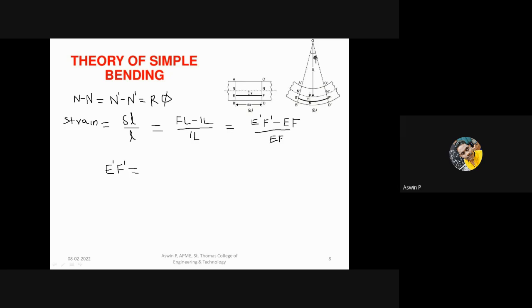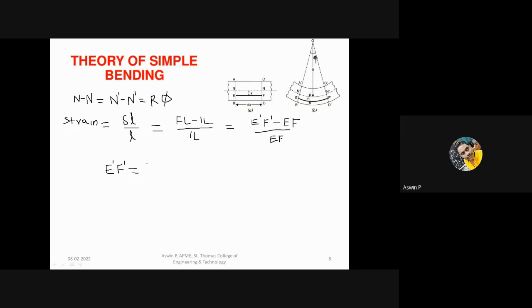That will be R plus Y into phi. Till here, that is R, and there is another term Y from here to here. So R plus Y will be the length into phi.